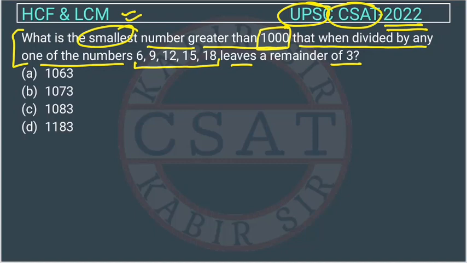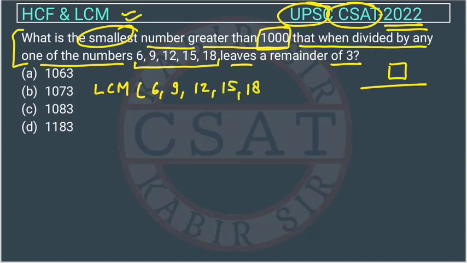In these kinds of questions, we have to find a number which is divisible by all these numbers, right? So what we have to find? We have to find the LCM of 6, 9, 12, 15, 18, right? There are many ways to find the LCM. I'm using the factor method.